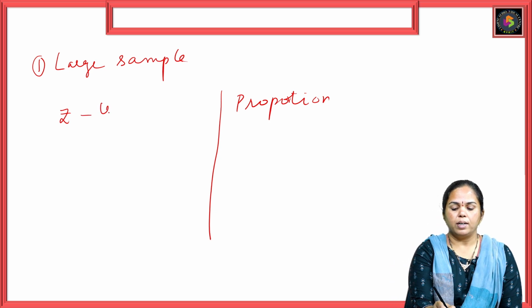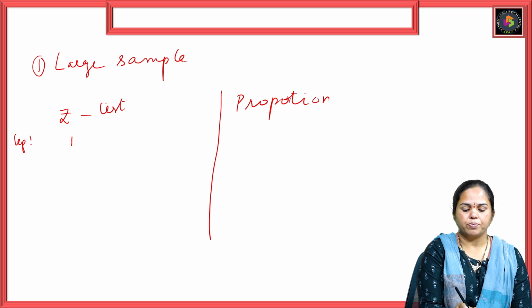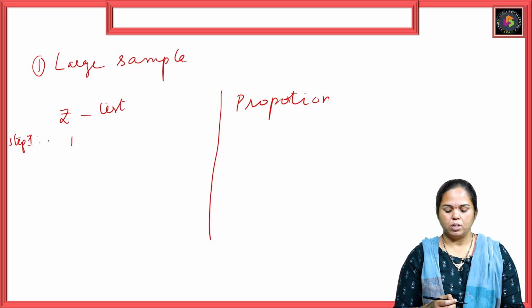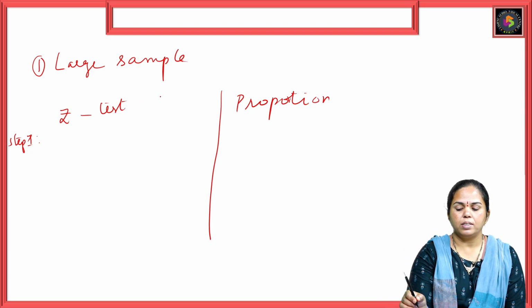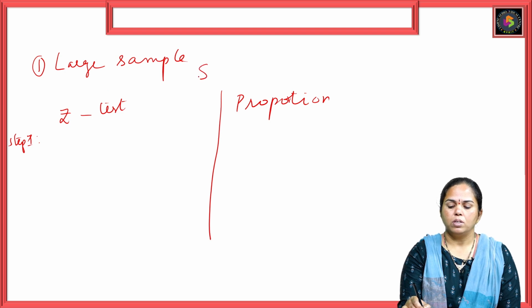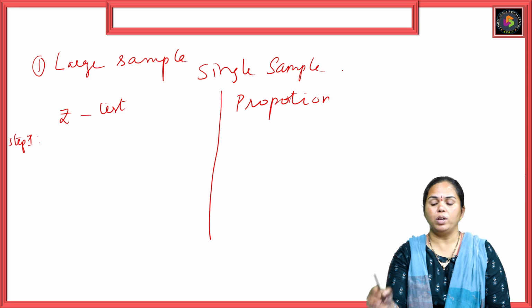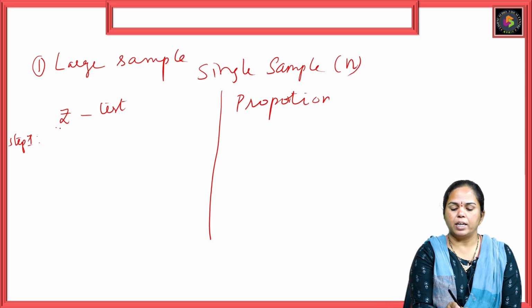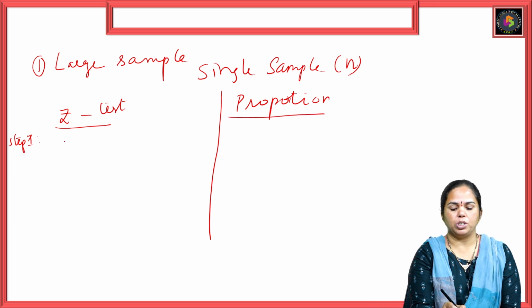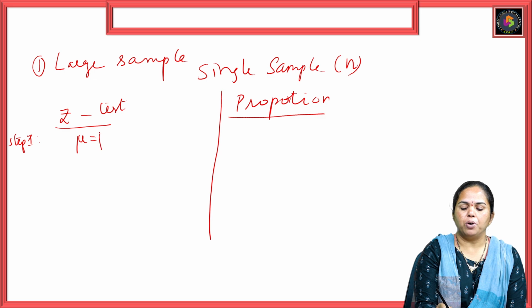So coming to the first step, step 1, null hypothesis H0. So in Z test, if I have a large sample of single sample, that means only one sample n, then in such case Z test and proportion. Here the null hypothesis, you can directly write it as mu equal to mu naught.